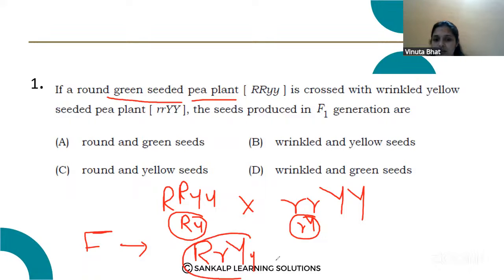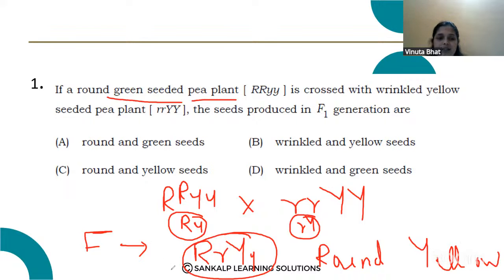So all the plants have round and yellow seeds. The correct answer is round and yellow seeds, option C.